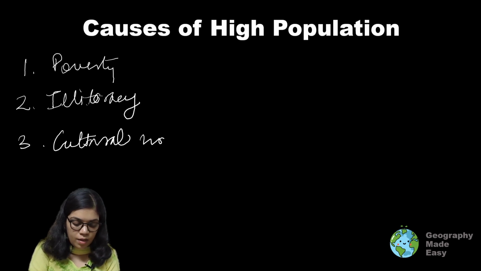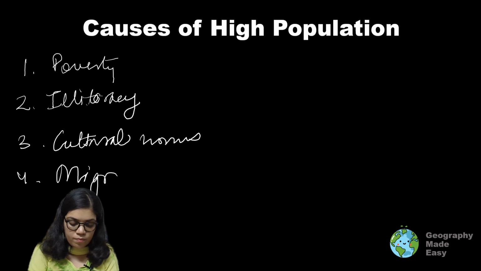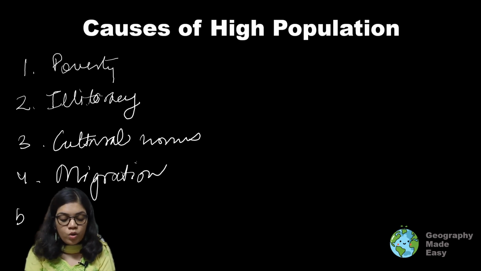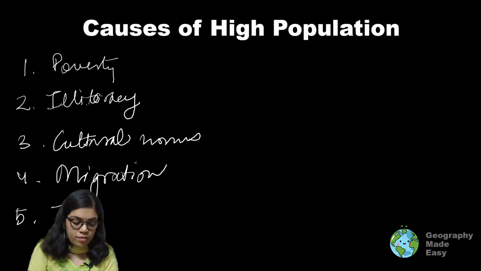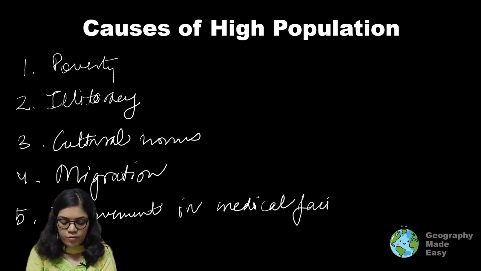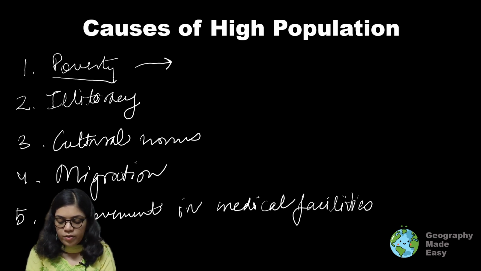The third one is cultural norms. The fourth one is migration. I'll explain how each of them contributes to high population. And the fifth one is improvements in medical facilities. So what happens in each case and why are they important?